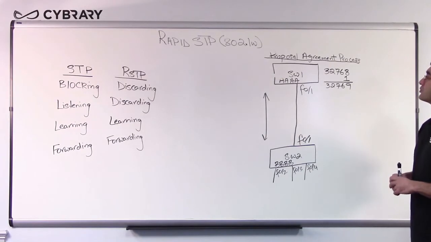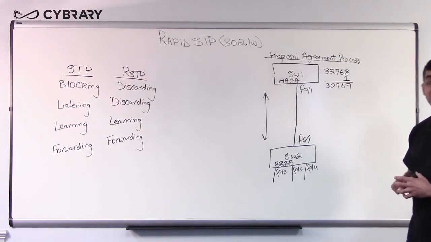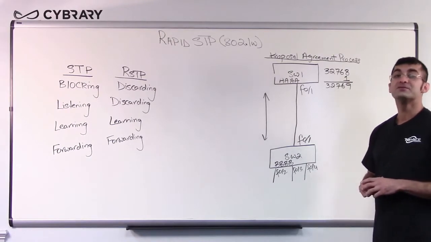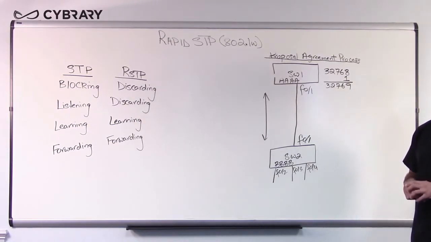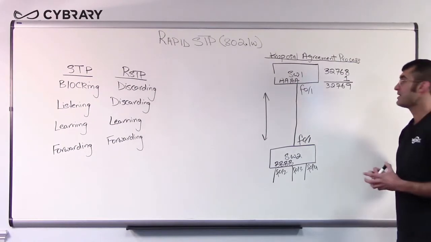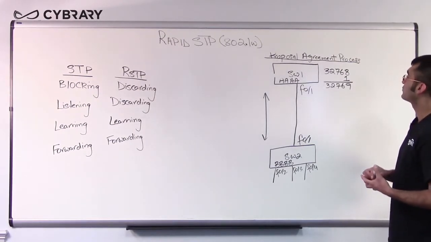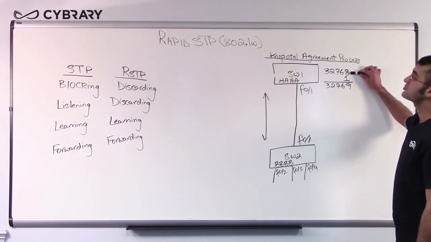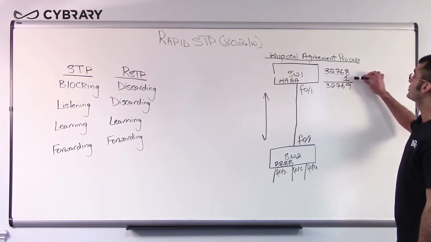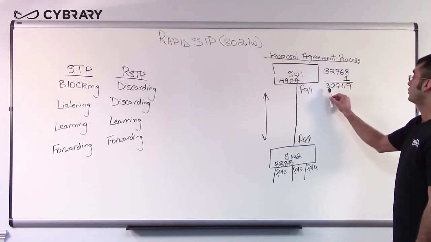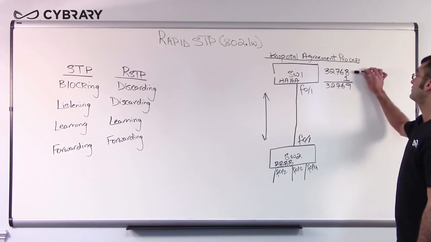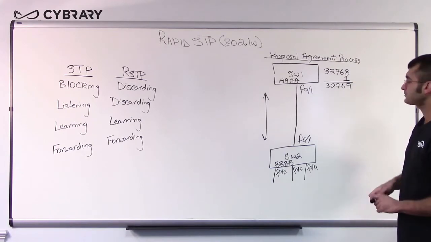Now, the bridge ID field in Rapid Spanning Tree, or per VLAN Rapid Spanning Tree, remains the same. 4 bits for priority and 12 bits for VLAN ID, which would make the default priority for this switch 32768, just like with Spanning Tree. And let's presume we're just running VLAN 1, which would make the priority field a total of 32769, 32768 plus 1.